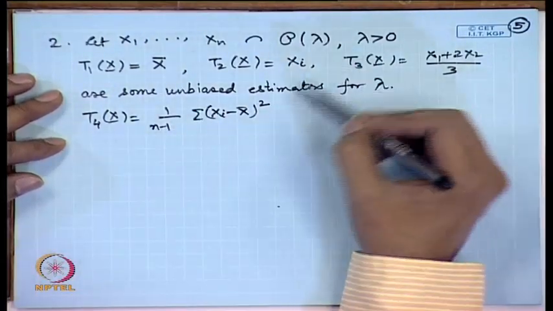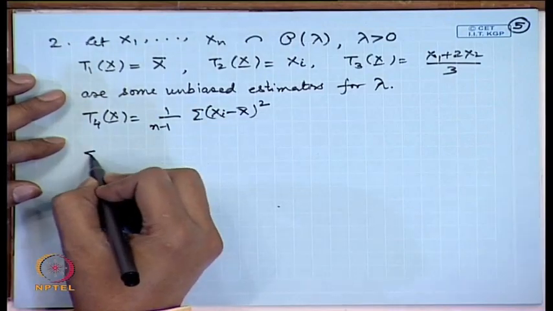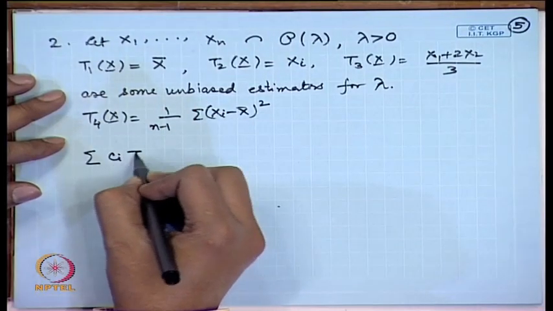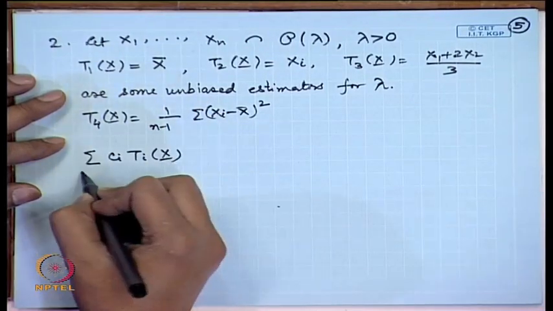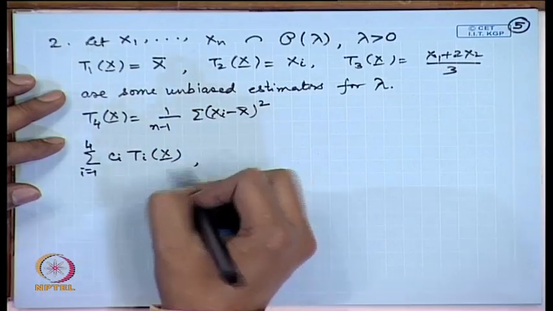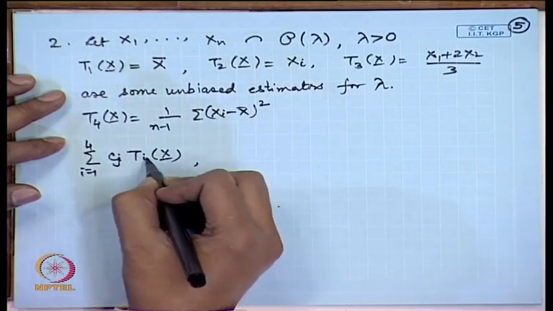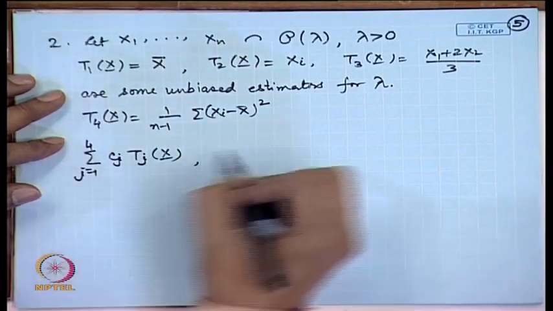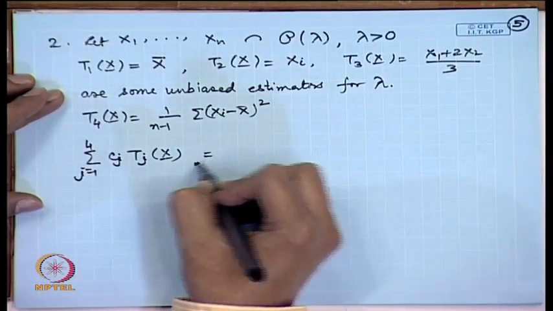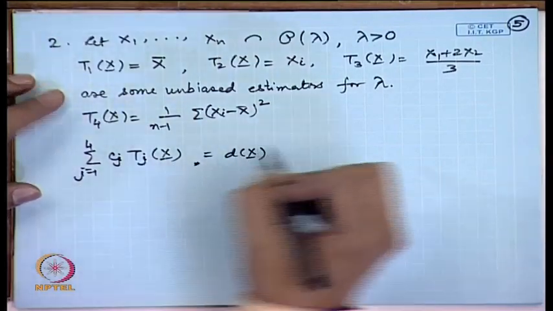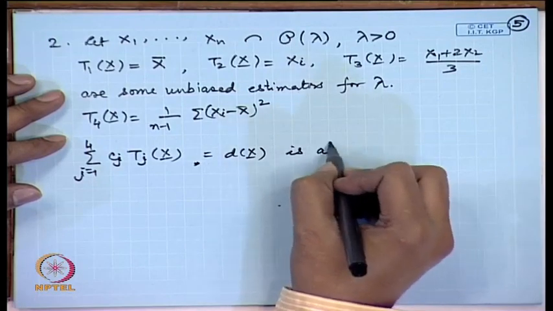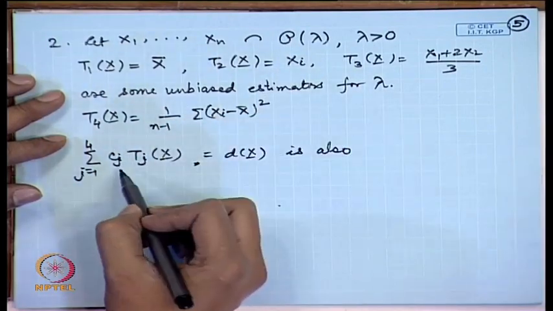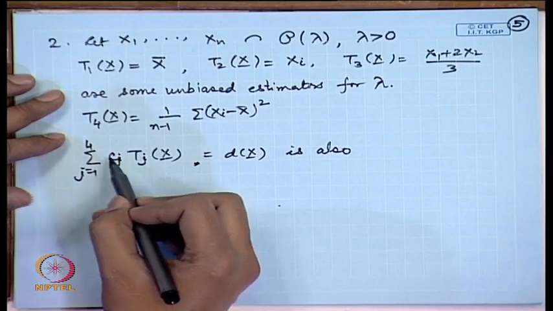Now, if there are several unbiased estimators, we may consider, say, sigma c_j d_j(x), j is equal to 1 to 4, and let me put j here, because I have already used i. Then this is also unbiased, because each of these is unbiased, if sigma c_j is equal to 1.